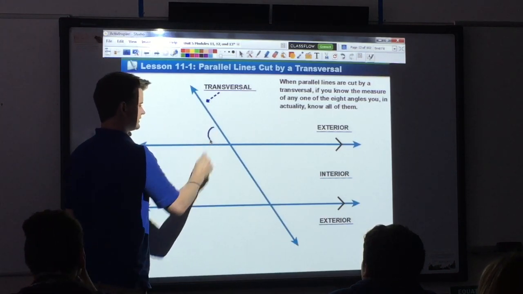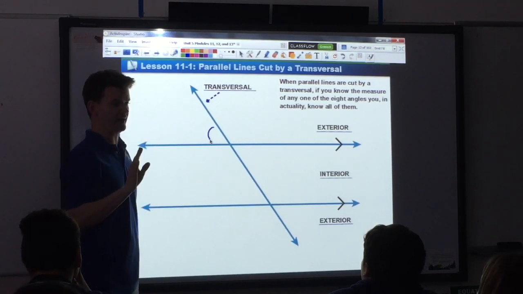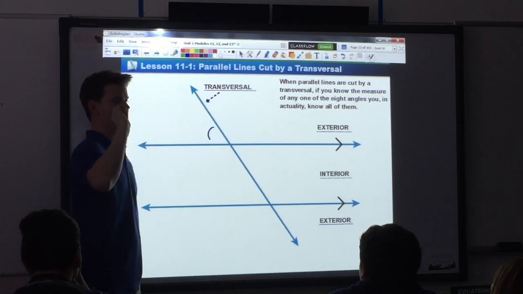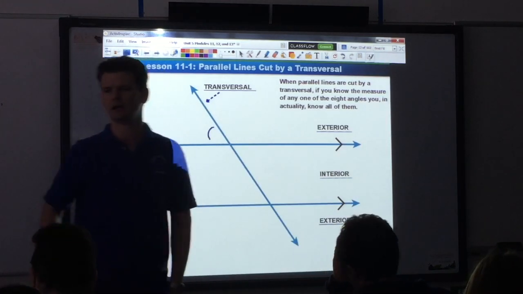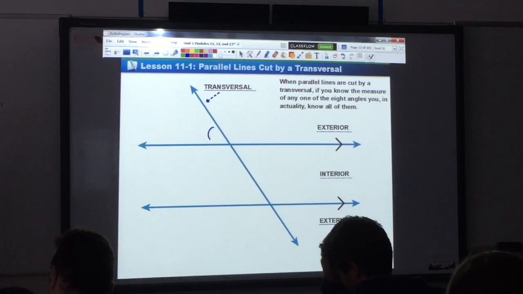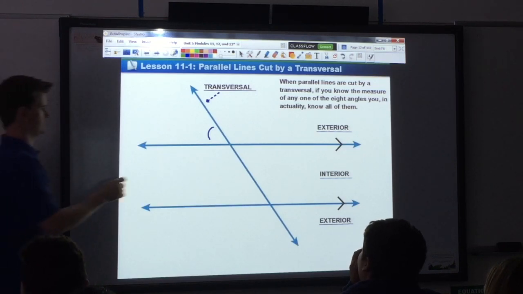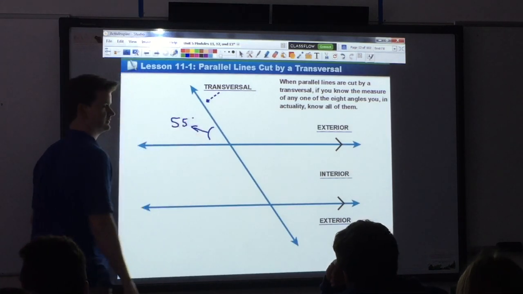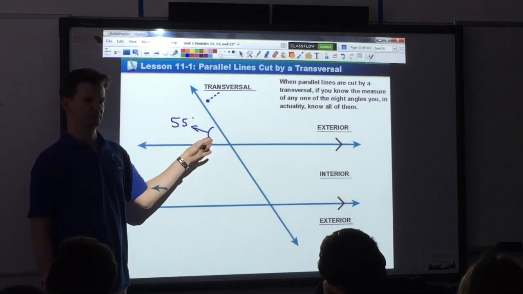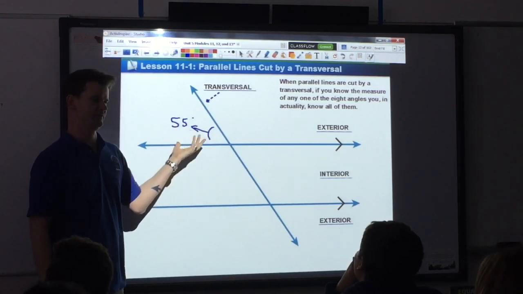Now this, what type of angle is this? Acute. It's an acute angle. So I'm not going to say that this is going to be exact. What we're going to do is show you exactly how we get all of these angles here. Dylan, give me an acceptable measure for an acute angle. 55 degrees, okay. So if this is 55 degrees, that means that every other single acute angle here is how many degrees? 55 degrees.